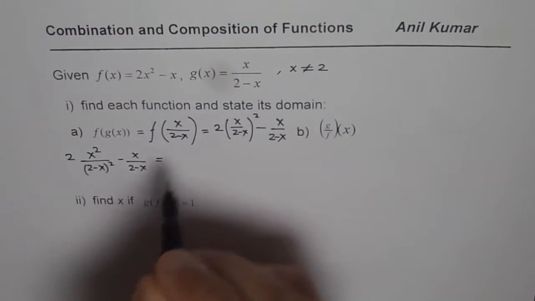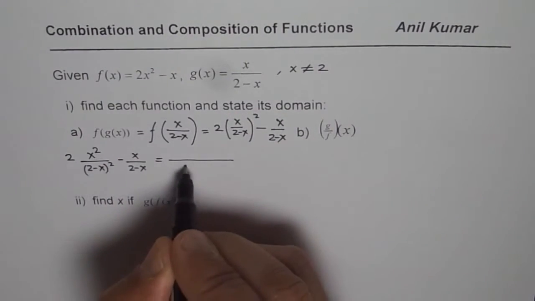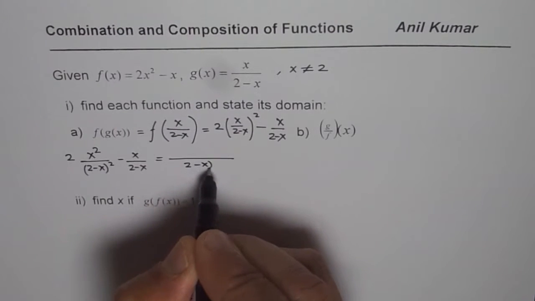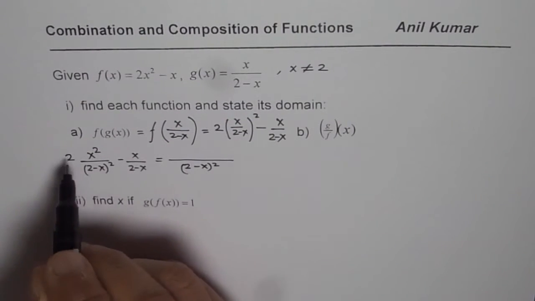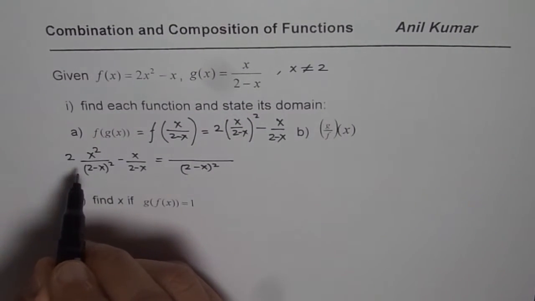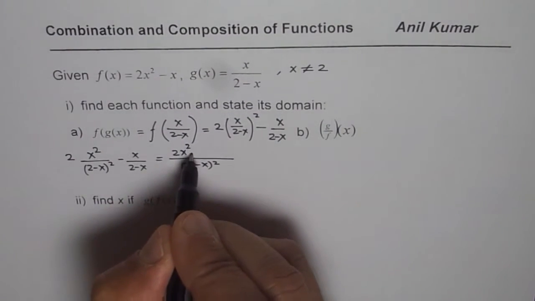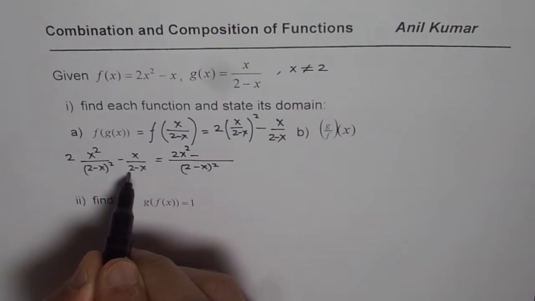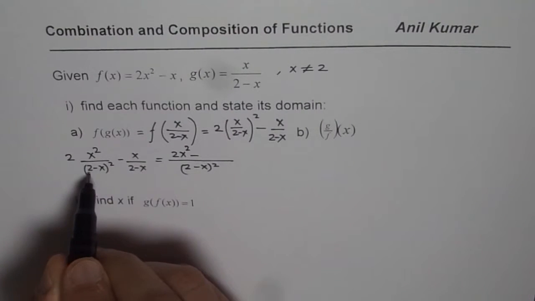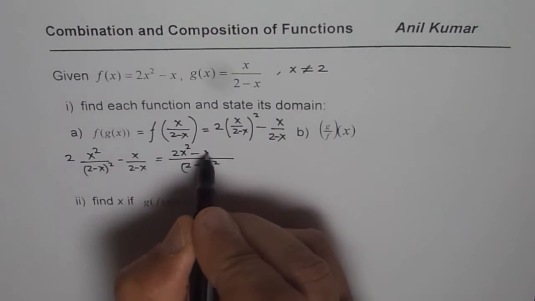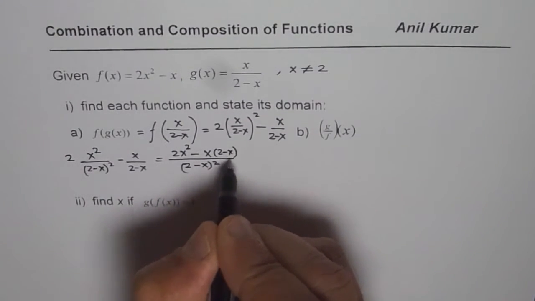Now we can take common denominator of 2 minus x whole square, right? And expand the numerator. So we get 2x squared, that is the first term. And in the second term, the denominator is 2 minus x, here is 2 minus x whole square. So x gets multiplied by 2 minus x, correct?